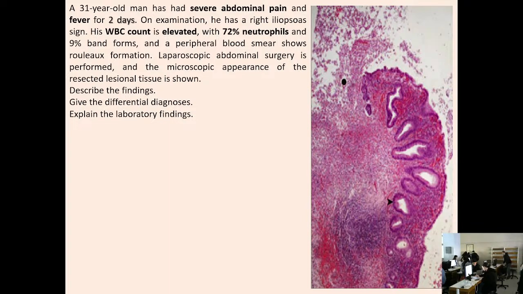All right? So if during an inflammation phase the mucosa is destroyed, this could be an erosion. But if you find beneath the erosion the formation of new capillaries, mixed inflammatory infiltrates, and signs of exudate organization, this is inflammatory granulation tissue, and this is an ulcer, no longer an erosion.